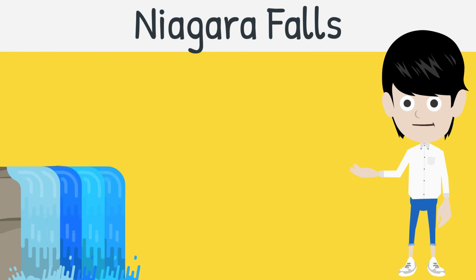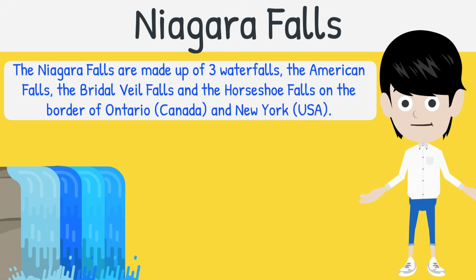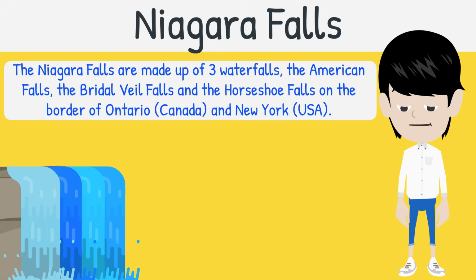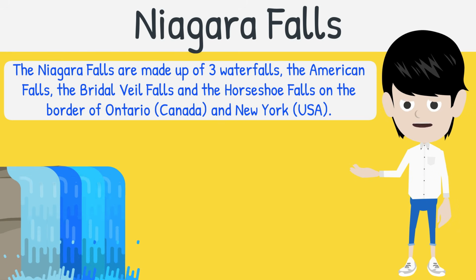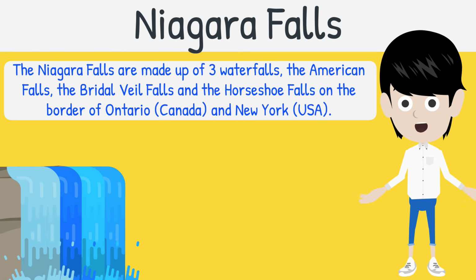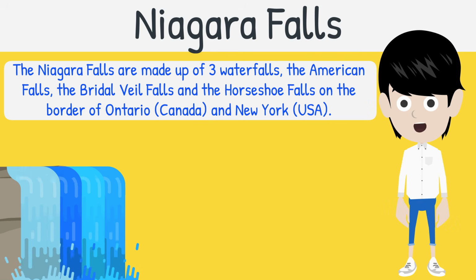Niagara Falls. The Niagara Falls are made up of 3 waterfalls: the American Falls, the Bridal Veil Falls, and the Horseshoe Falls, on the border of Ontario, Canada, and New York, USA.